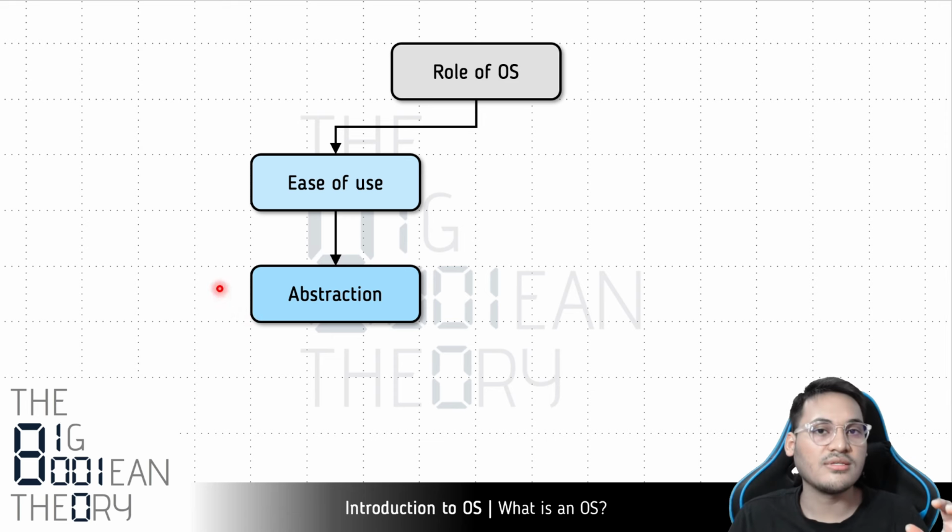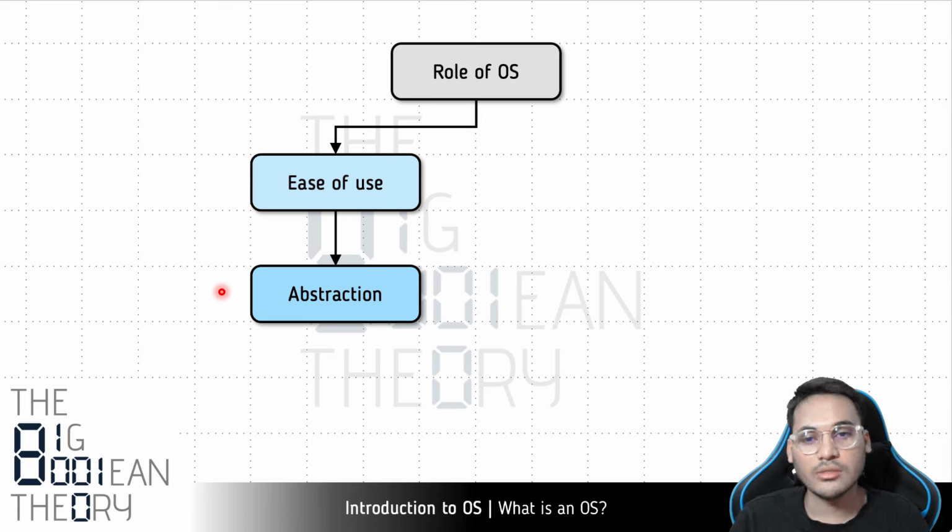So what the operating system does is that it takes a physical resource and transforms it into a virtual resource which is much more easy and powerful to use. So this transformation from a physical to a virtual resource is the idea behind the abstraction. So basically you can say the operating system has abstracted out the complexity of the physical resource, right?